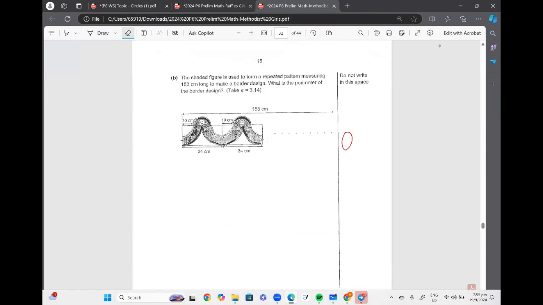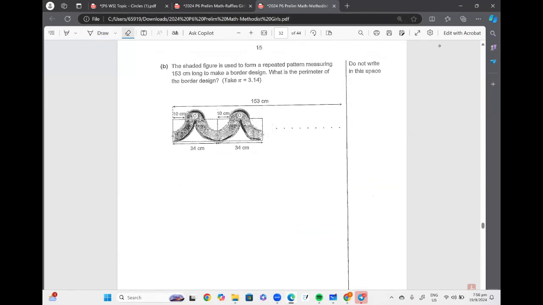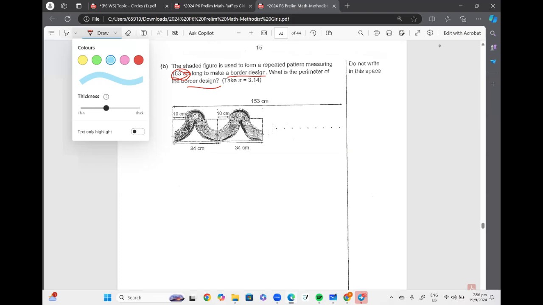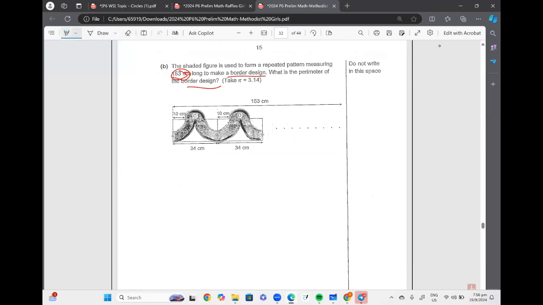All right, so welcome to this question, part B of this question. The shaded figure is used to form a repeated pattern measuring 150 cm long to make the border design. Okay, what is the parameter of the border design? First of all, I need to know what is the parameter of each of the figure, which is technically the blue part here.